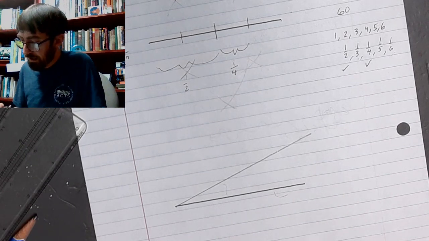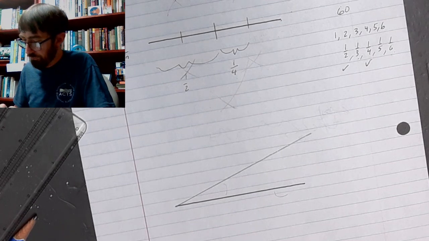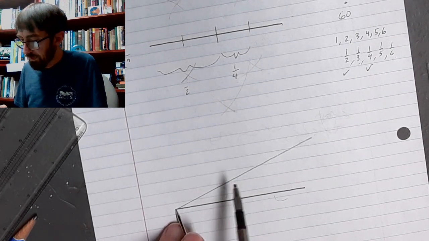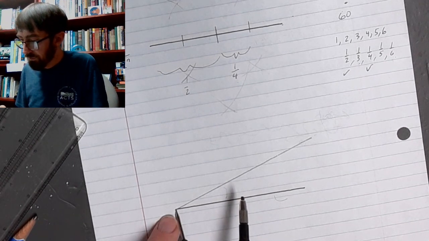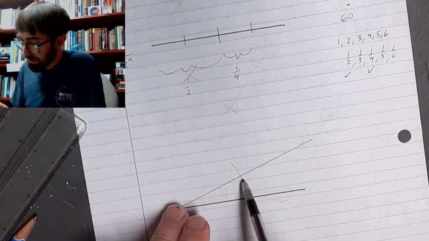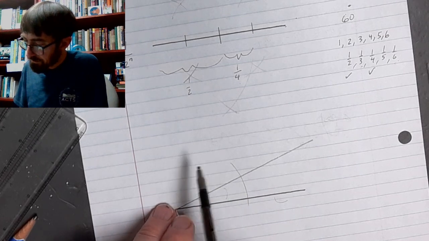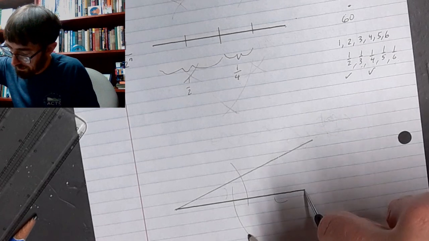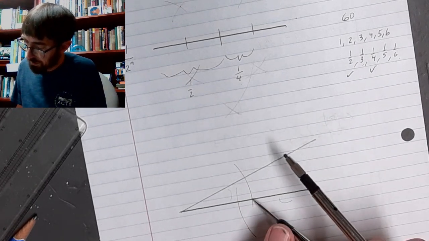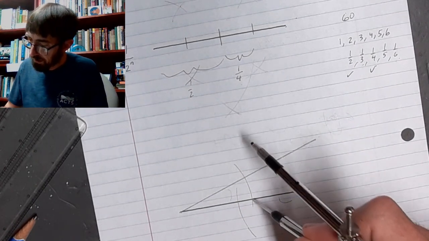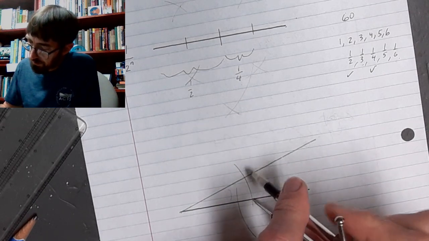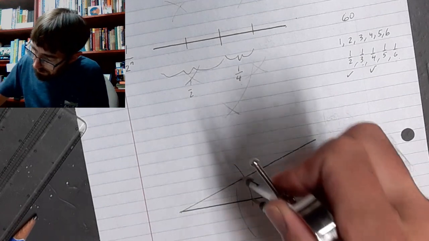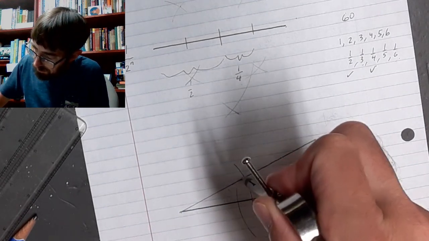So we're going to go through that copy procedure. So opening your compass, we're going to put the point of the compass on the vertex and create an arc, and then flip to the other side of the segment and create the same arc. Then put the point on the segment and close your compass until you have the scribe end on the intersection.